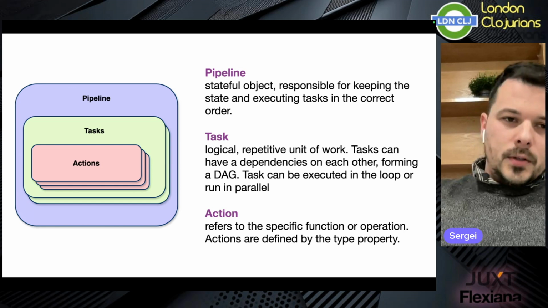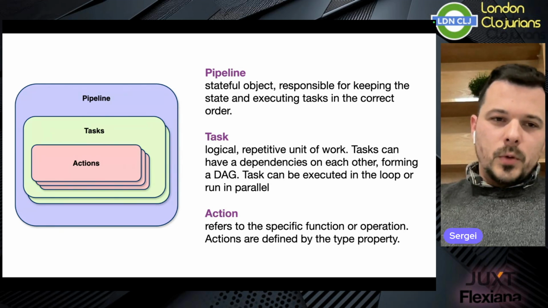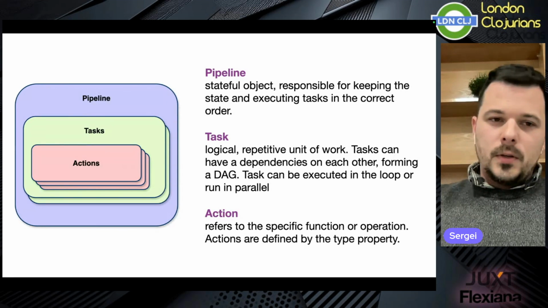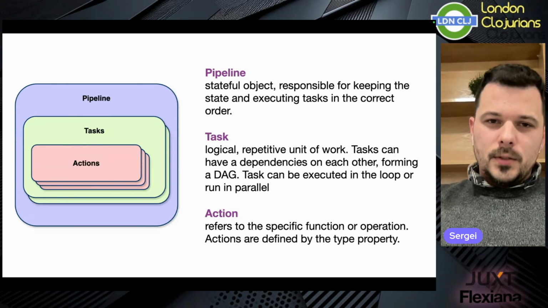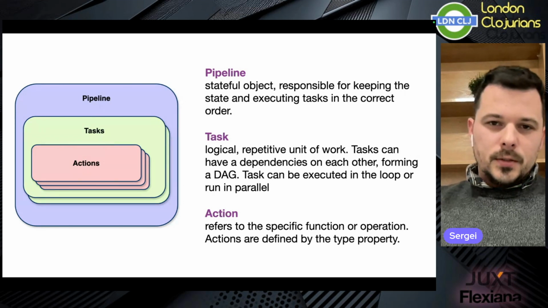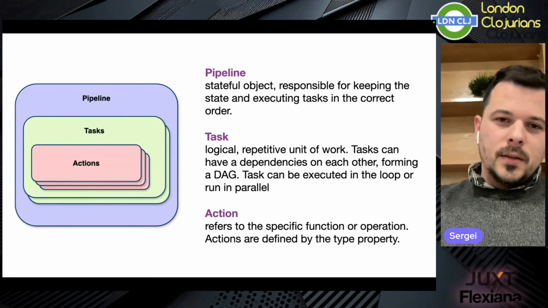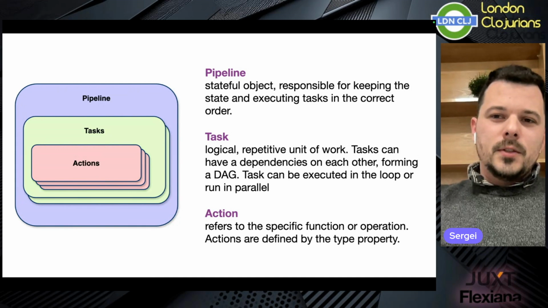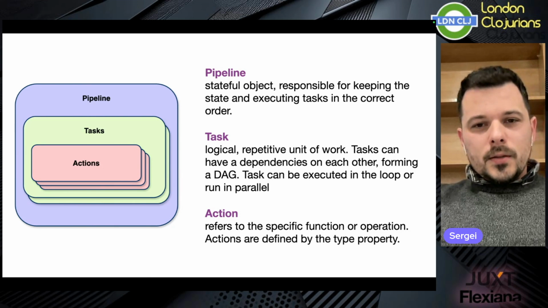At every point in time, the pipeline object knows what is running now, the state of each task, and what was returned from every task. So this is a stateful thing that you can ask questions like what is happening, which action is running, what the state is, if it's still running or done, or what the error was during the pipeline execution.